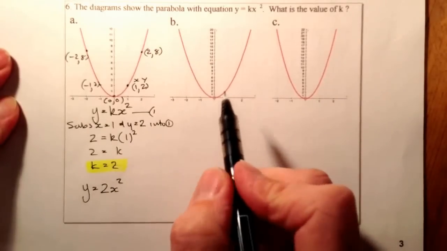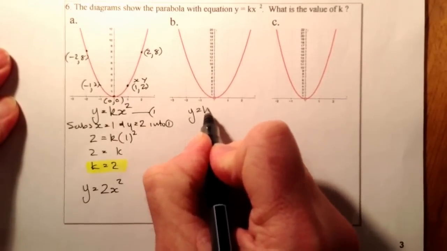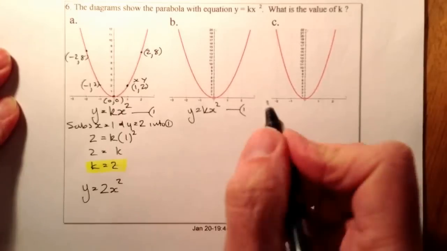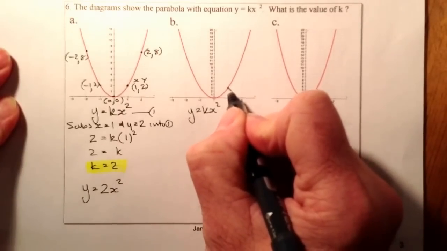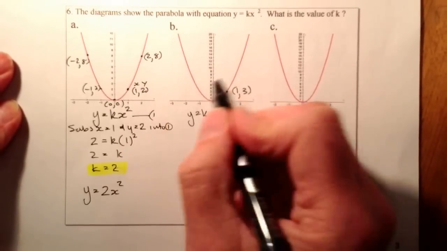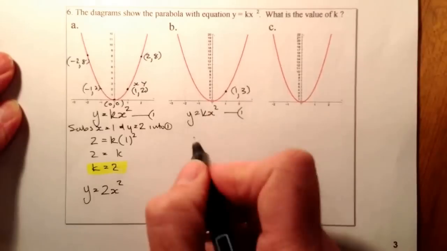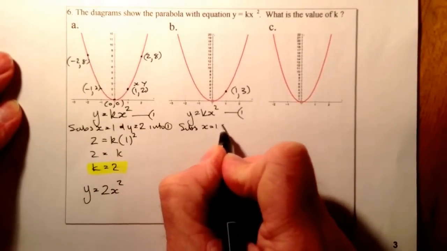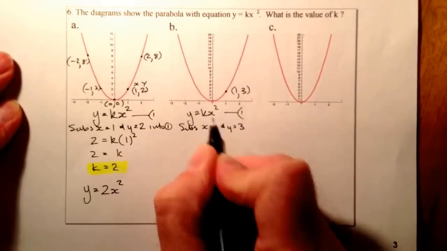Okay, here we go for the others. So starting again, y is equal to kx squared. Call that equation number 1. Just pick a point, so there's a point there I can see, so that's 1, 3. I've got other points I could use, but let's just use this one here. So I'll substitute x equals 1 and y equals 3 into that equation.